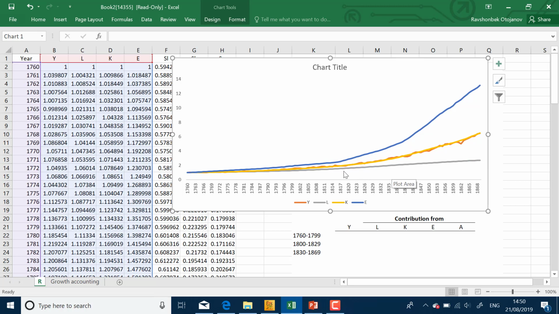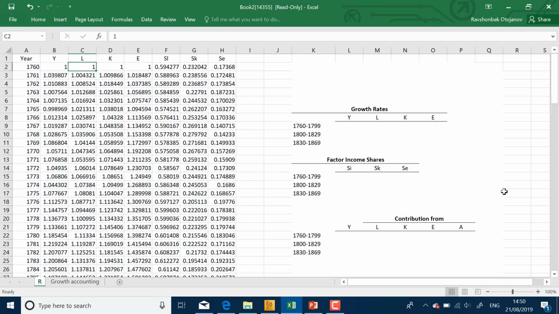As the economy was industrializing in the 18th and early 19th century, the machines and large factories required huge amounts of energy, and that explains why we have faster growth in energy than the other factors of production. Now, the purpose of the growth accounting exercise, so I'm going to delete this now. We've seen the overall long run trend of this data.